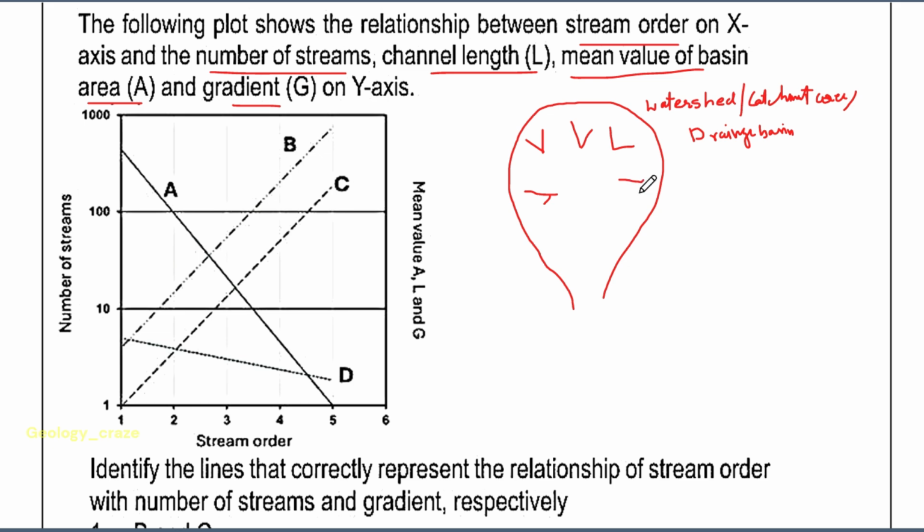The red one is our first order stream. We give this number to the stream in the beginning, before it joins with another stream. So all these are 1, 1, 1.